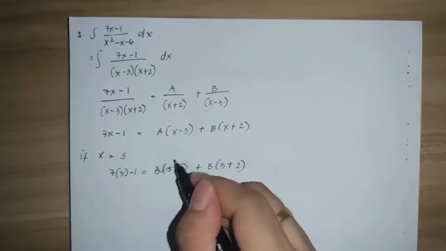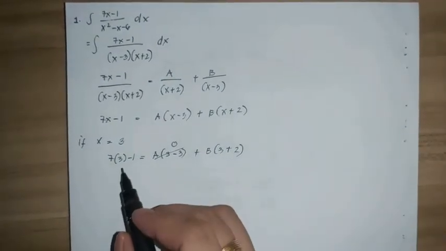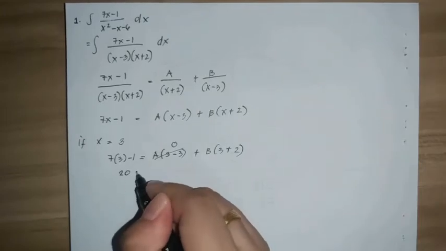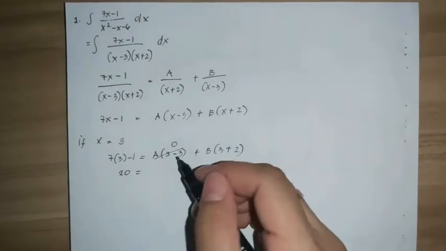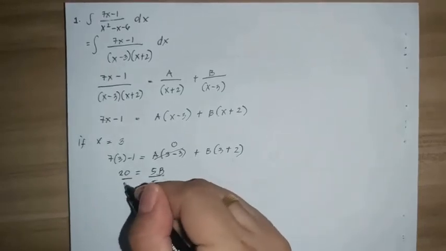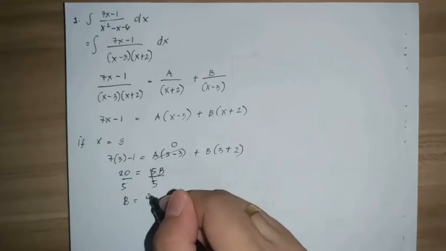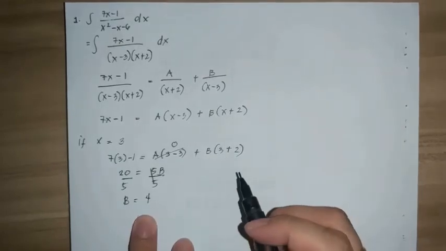So the first term becomes 0, and this becomes 21 minus 1, that's 20, is equal to 5b. All over 5, we will get b is equal to 4. We already have the value of b.